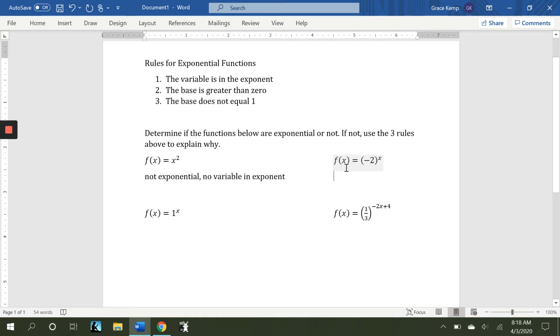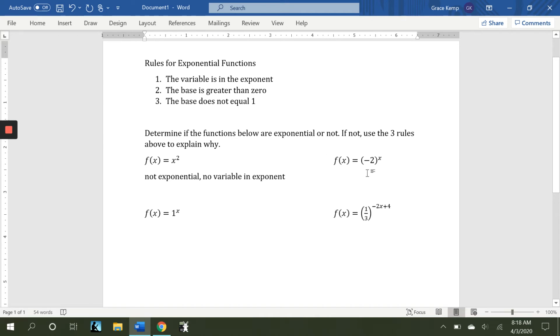Here on the right, we have f of x equals negative 2 to the power of x. Going through our three rules to check if it's exponential, rule 1, is the variable in the exponent? We have negative 2 to the power of x, so x is the power right here. So we're good on rule number 1. Rule number 2, is the base greater than 0?